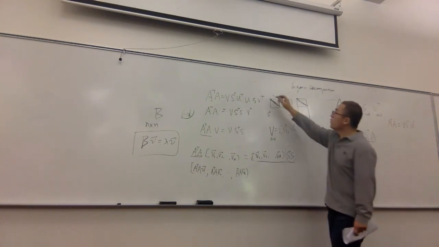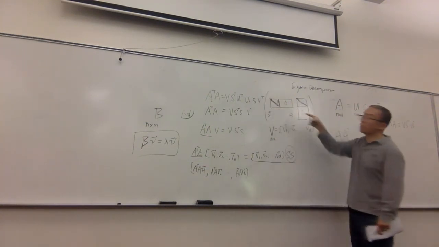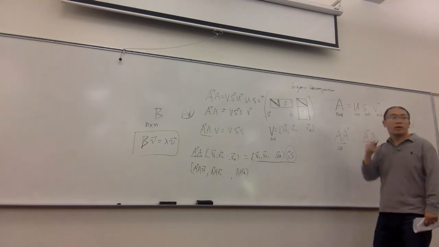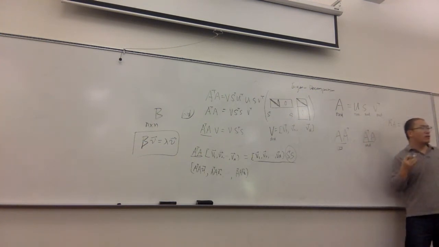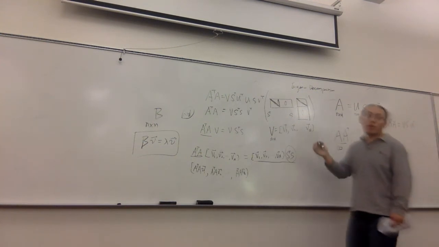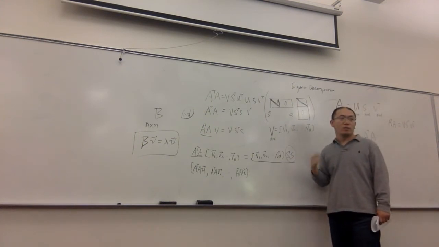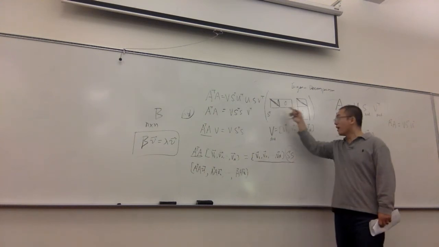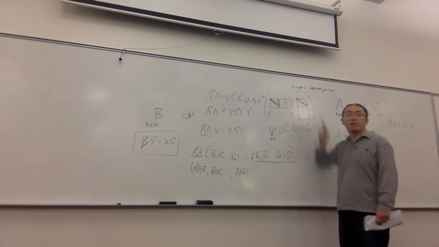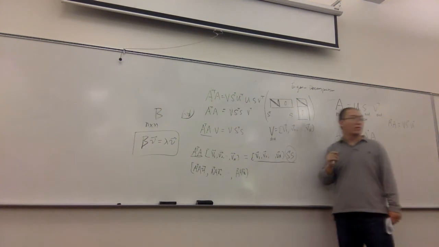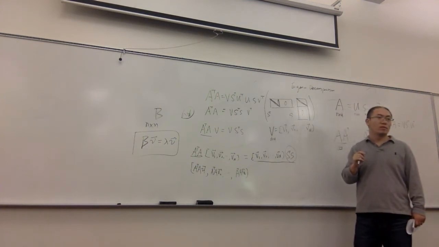If you multiply these two matrices according to block matrix multiplication, what can you do? You can just remove the zeros.